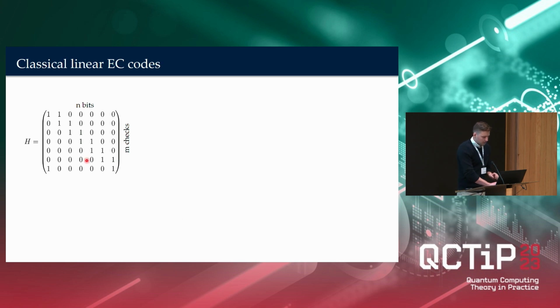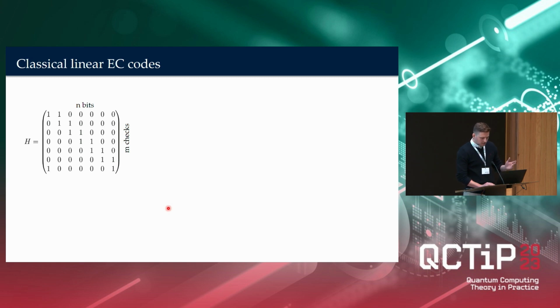Let me actually use a pointer too. So linear classical codes we can represent with a parity check matrix. Here every single column represents a bit and every single row represents a check. Basically we say that we are checking the parity of those bits that are ones in some row of a specific check.